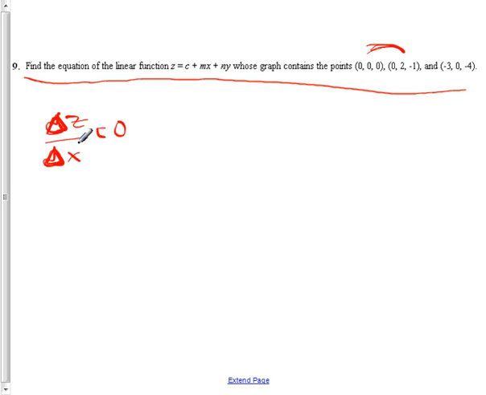Right now we're just doing 3-dimensional geometry, really. So the change in z over the change in x is 0. The change in z over the change in y: my z value is going down 1 as my y value goes up by 2. So we get a slope of negative 1/2.